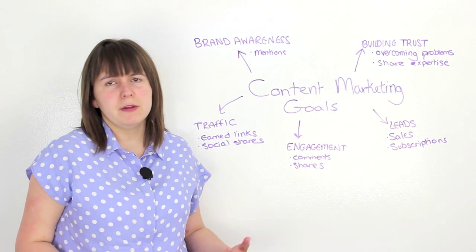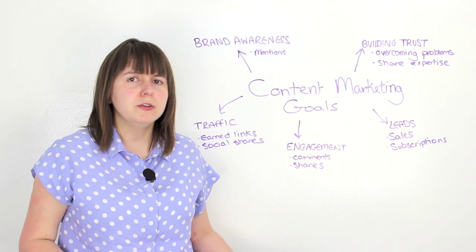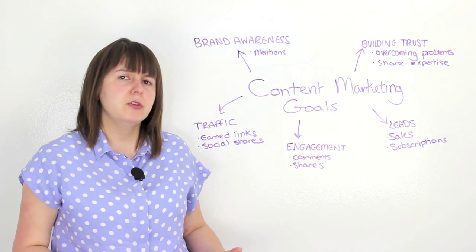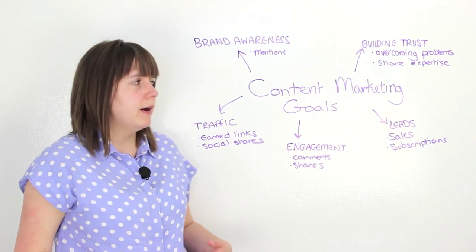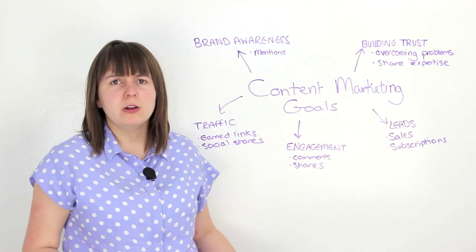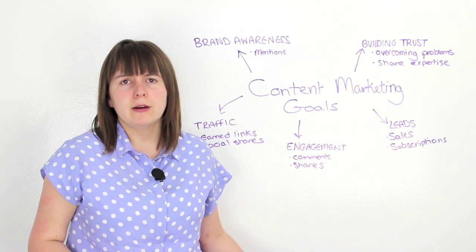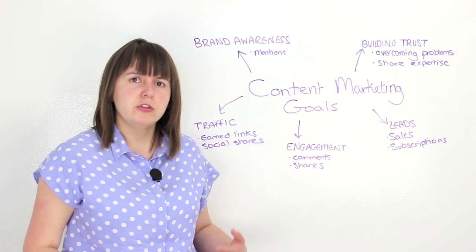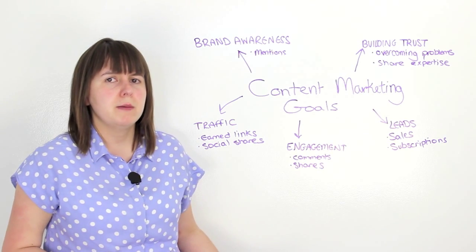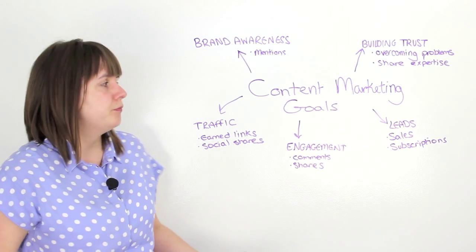So for example, if the camera is particularly good at wildlife photography, you can create a post about the best places to take photos of wildlife. That way you can put a call to action that points people towards that camera. You can then monitor how the sales have changed and see whether that particular piece of content works.